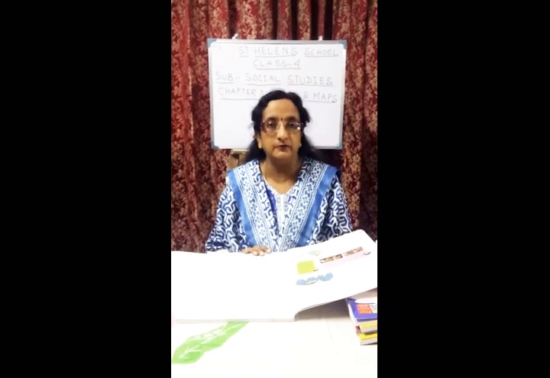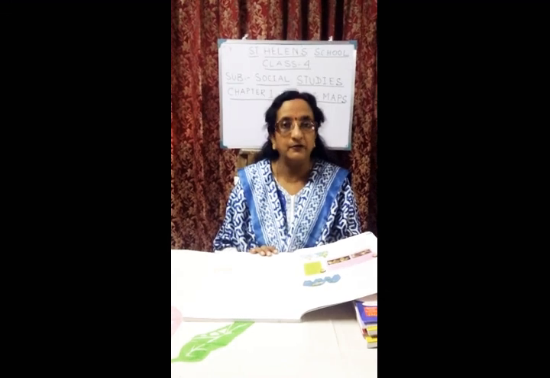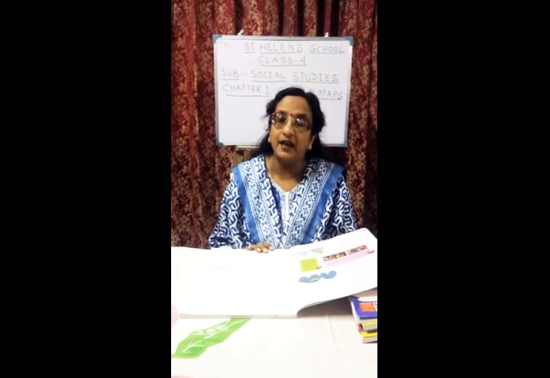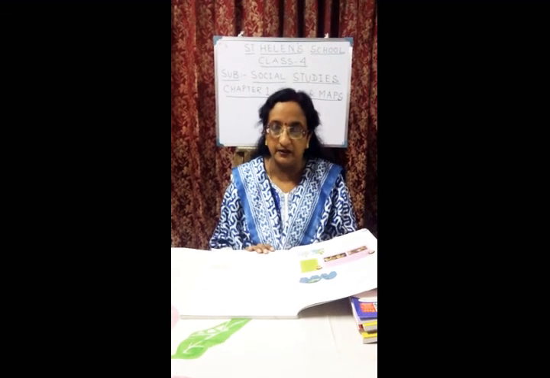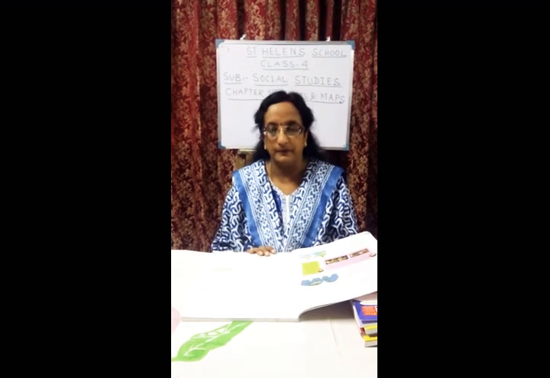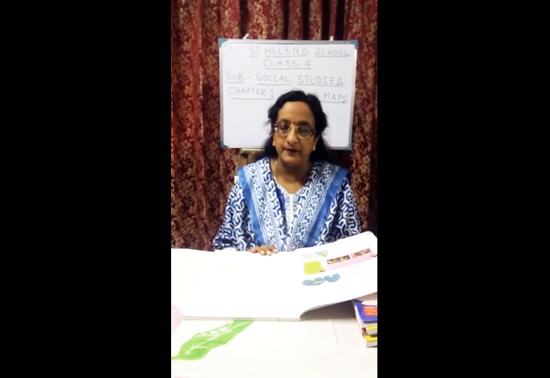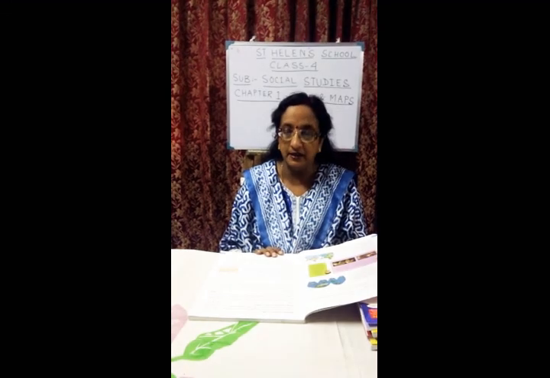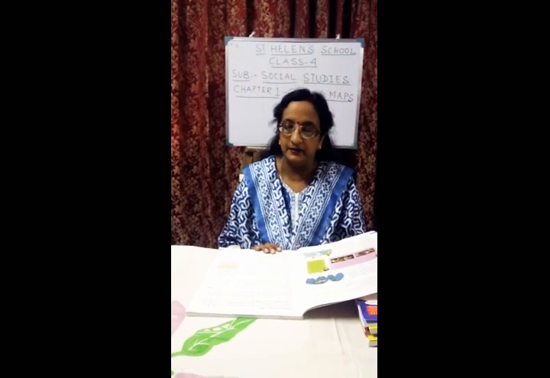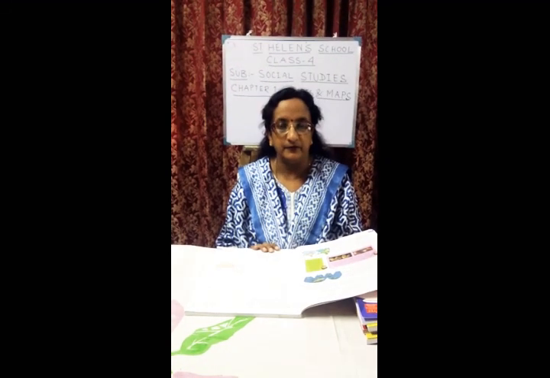First, we are going to read in detail about the title. The title of a map is mentioned clearly at the top of the map. The title of a map indicates the information that is shown on the map. For example, a map with the title India Political will show the different states of India, their capitals and boundaries.